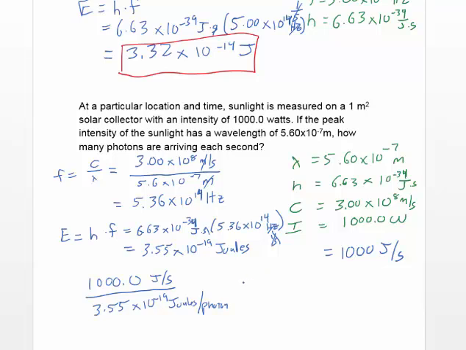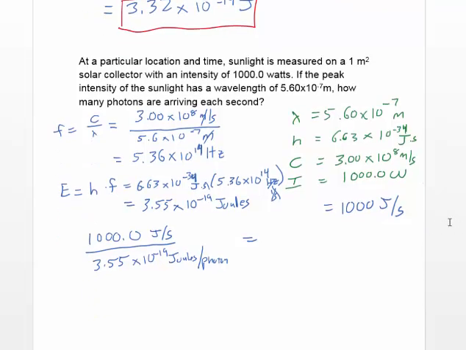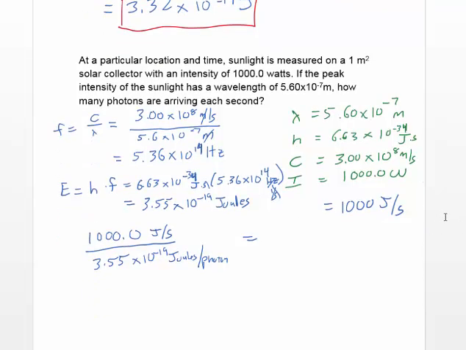Well, that's equal to, let's see what we get here. We will divide those two and we will get 2.82 times 10 to the 21st. Now what do we get for units?